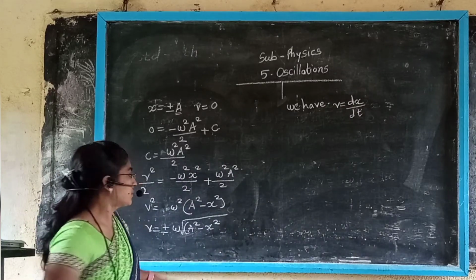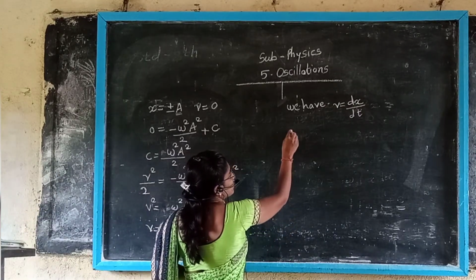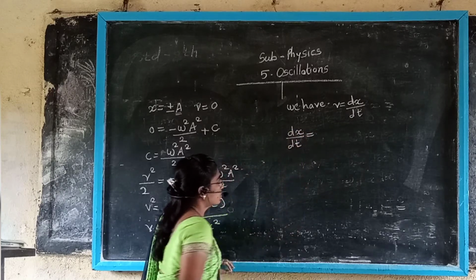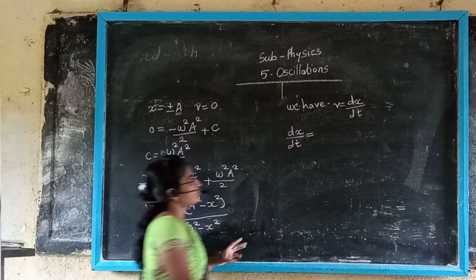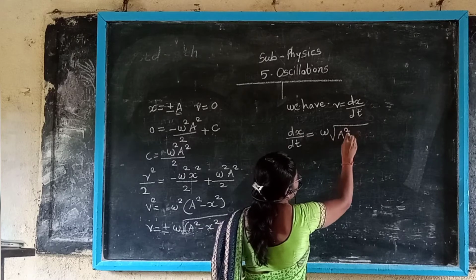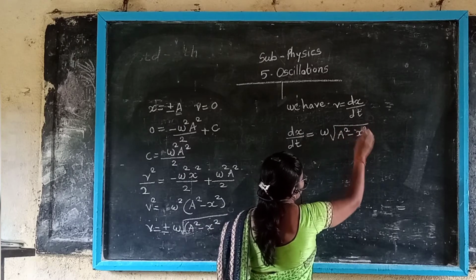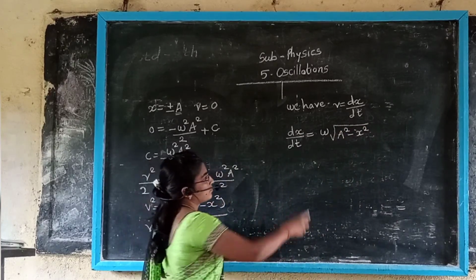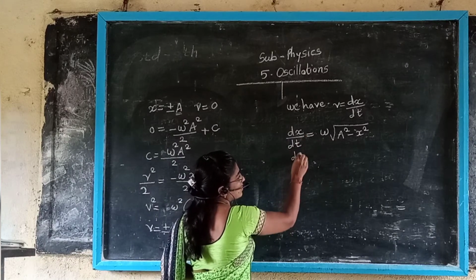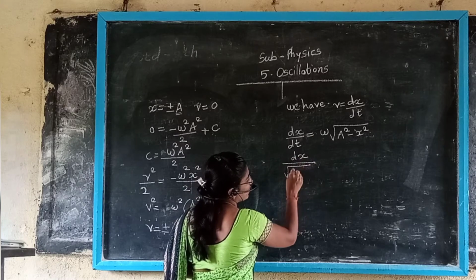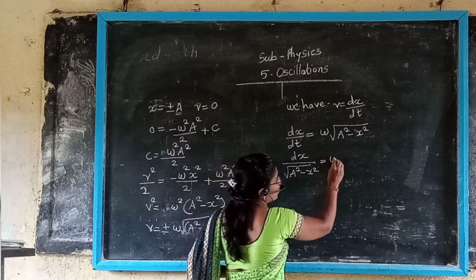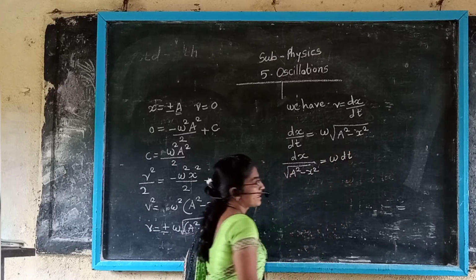Using this, taking magnitude, we get dx by dt is equal to omega under root a square minus x square. Separating the two variables, dx by under root a square minus x square is equal to omega into dt.